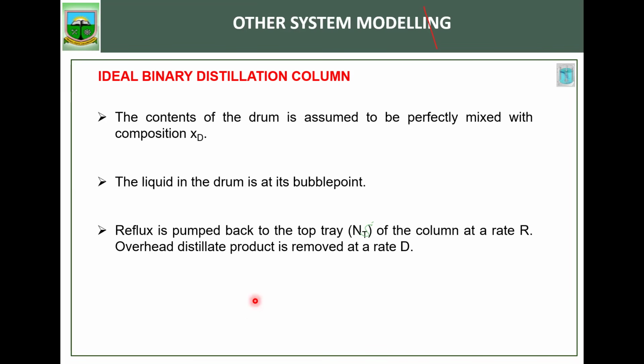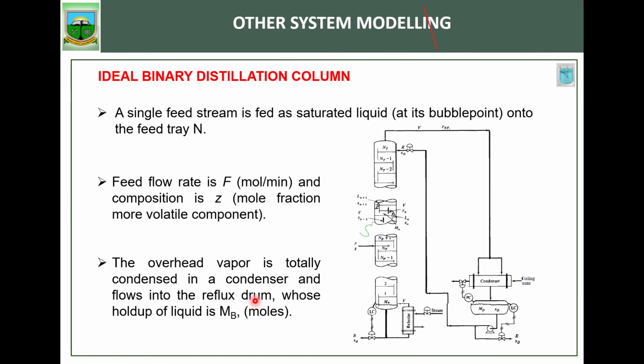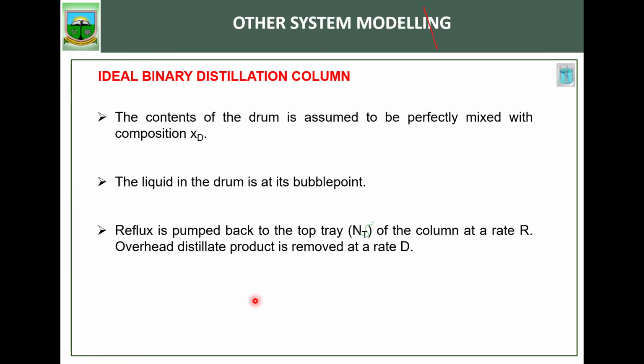That's the last part in the drum. Then say that the liquid in the drum is at its bubble point. It means that once it's at its bubble point, it's ready to ensure perfect or 100% separation, as we said.